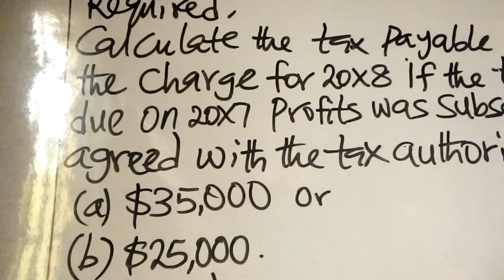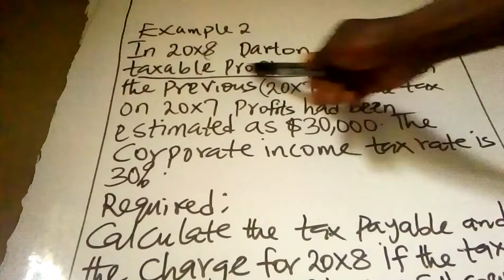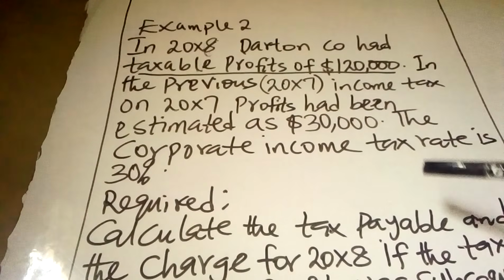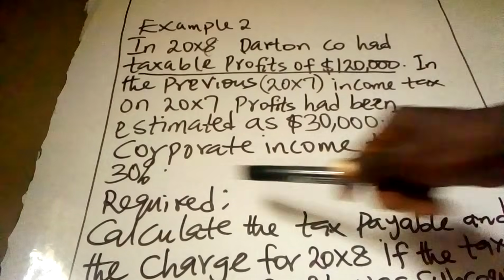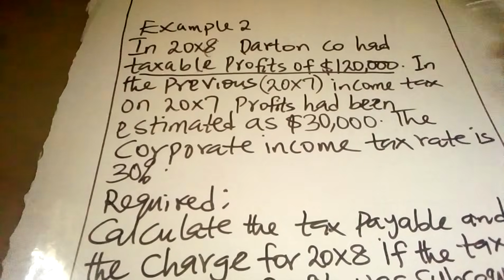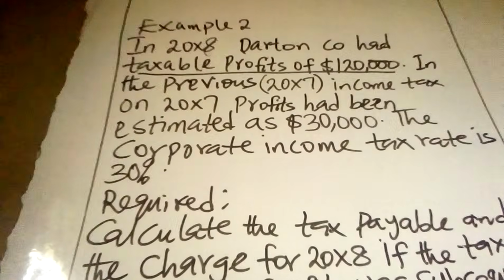Remember, I've told you that to get the amount of provisions that will be made, that is your current tax, you apply your tax rate, which is 30% on the taxable profit. So now let's have the solution.